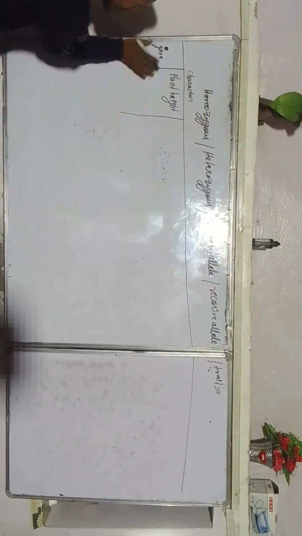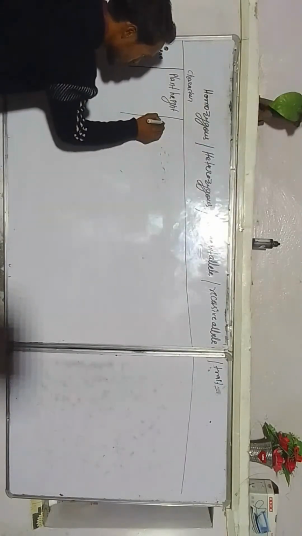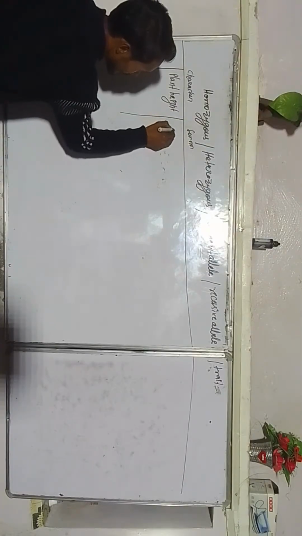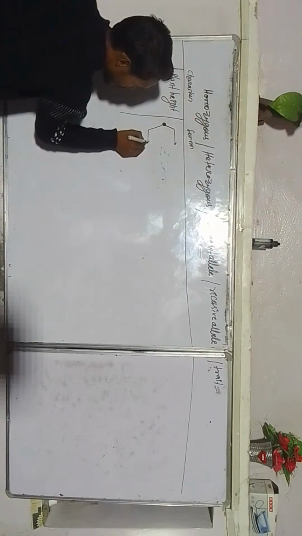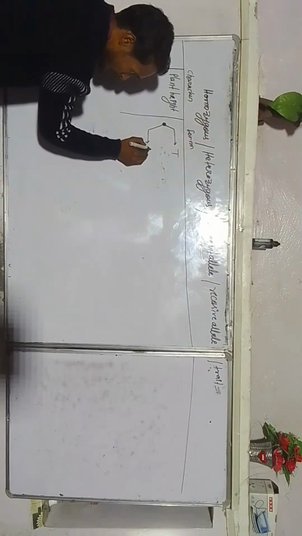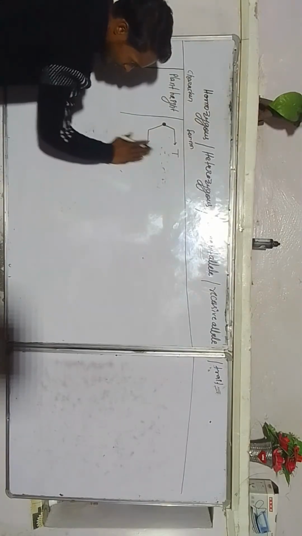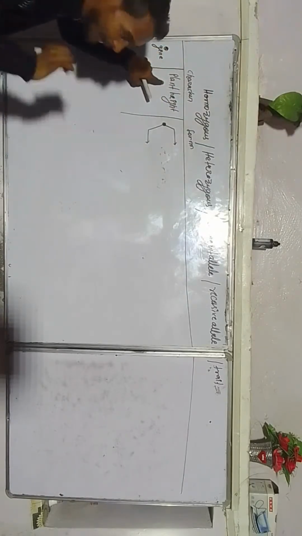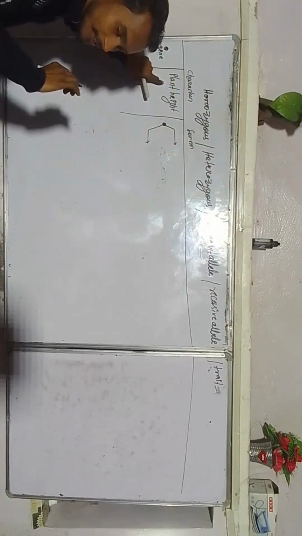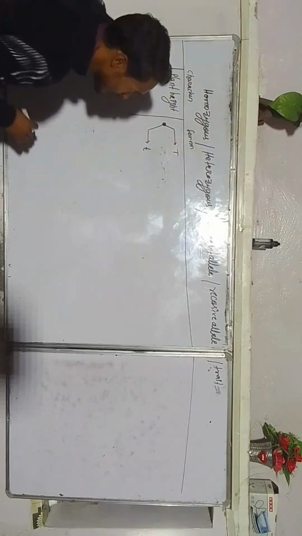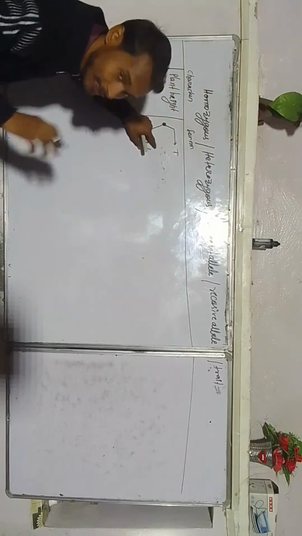And there are two forms of the gene: capital T, the tall, and small t, the dwarf. Suppose a gene controls a character in plants called plant height, and we have two forms of it, capital T and small t. So capital T is single, small t is single.